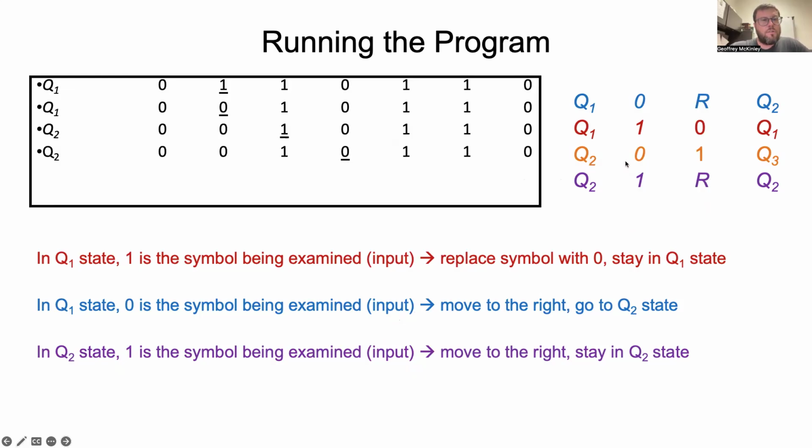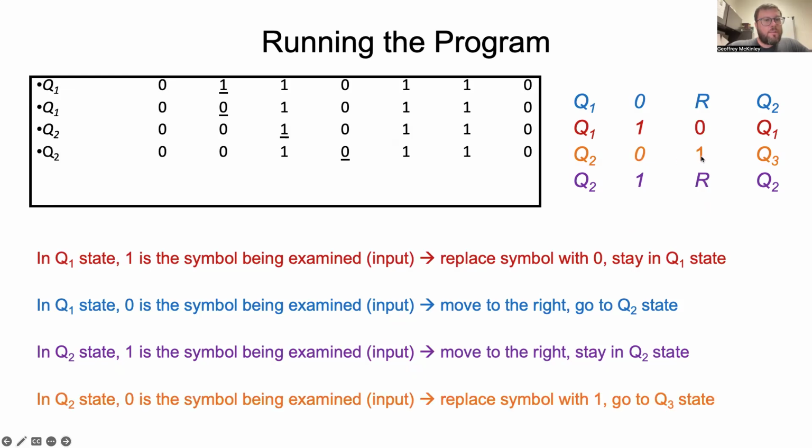We're in the Q2 state and the input is zero. In this case, the action is to replace this zero with one and then go to the Q3 state. And that's exactly what we do. We replaced the zero with one, and now we're in the Q3 state.